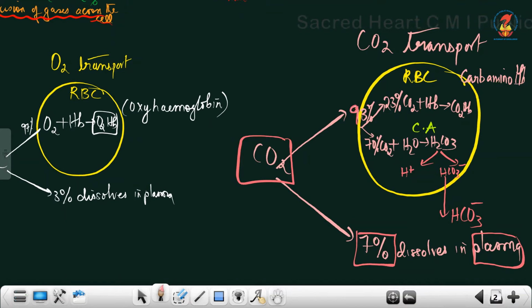The remaining 93% of the carbon dioxide gets into the RBC, then it bifurcates. 70% of the carbon dioxide combines with water to form carbonic acid, H2CO3. This is catalyzed by the enzyme carbonic anhydrase.